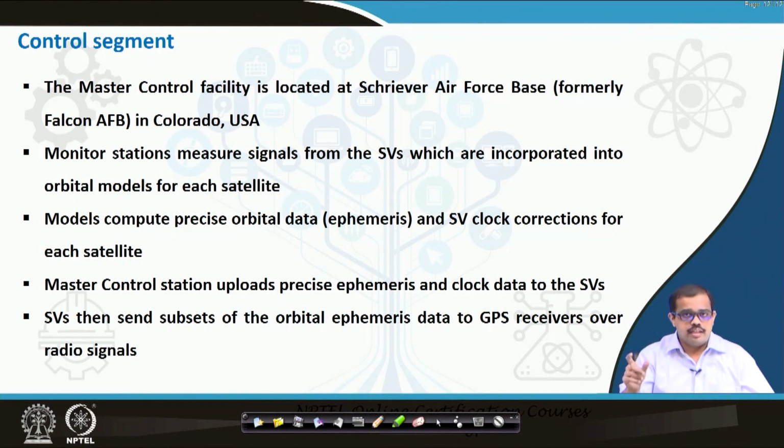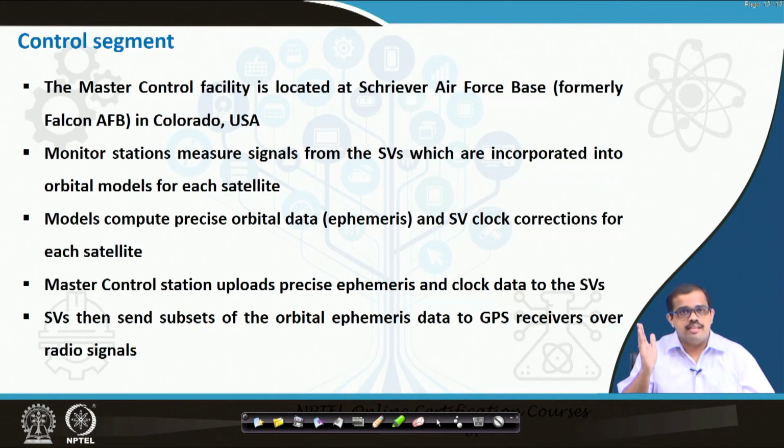When you are correcting this clock, it is also correcting various other variables that are linked to the movement of the GPS and the movement of the Earth's surface. With these corrections, the signals are sent back to the satellites, so that the master control station uploads the precise ephemeris and clock data to the satellite vehicles. The satellite vehicles then send subsets of the orbital ephemeris data to GPS receivers over radio signals.